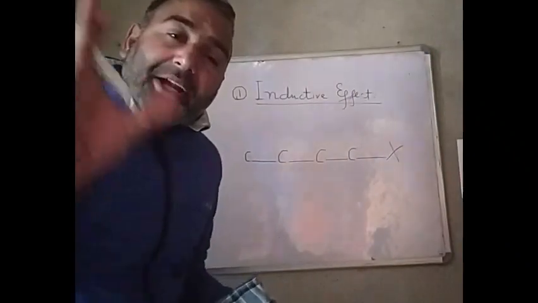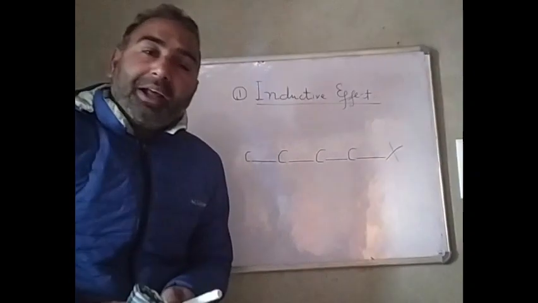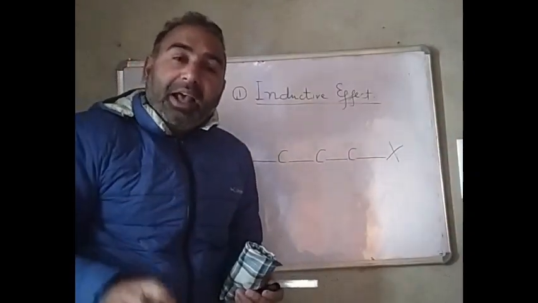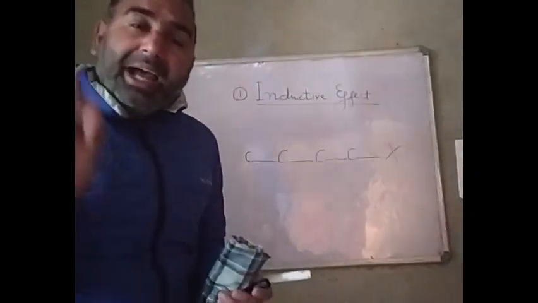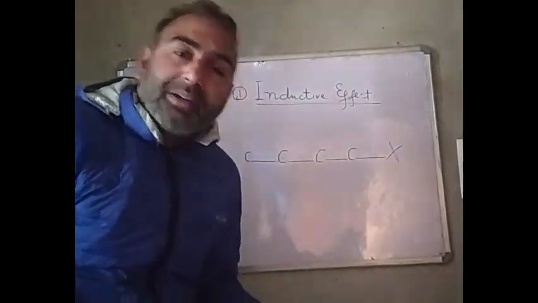Suppose at the end of the carbon chain there is an element X, and X is more electronegative than carbon.